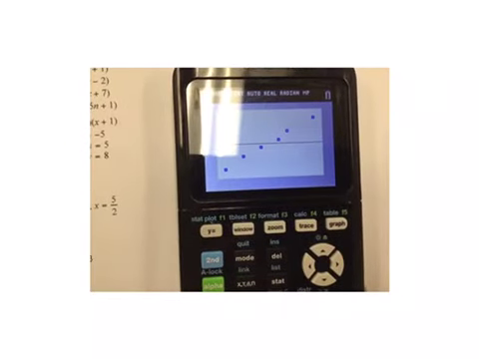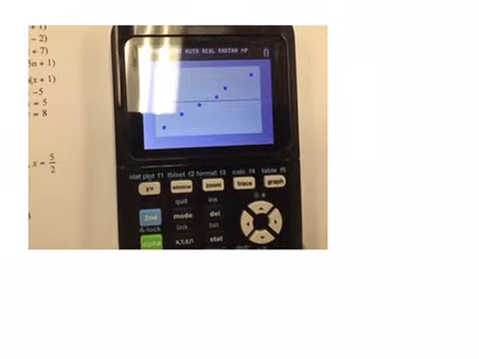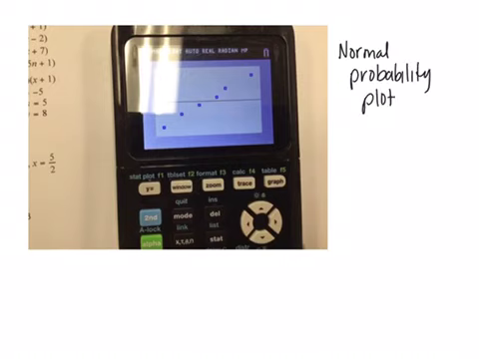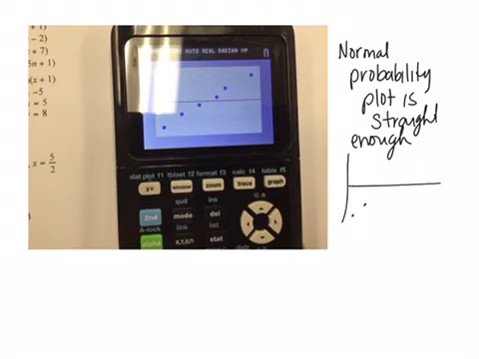So our nearly normal condition is that the normal probability plot is straight enough. And we really need to just draw what we see. And it doesn't matter if it's under 30? No, if it's under 30 and the normal probability plot is straight enough, then the conditions are met.